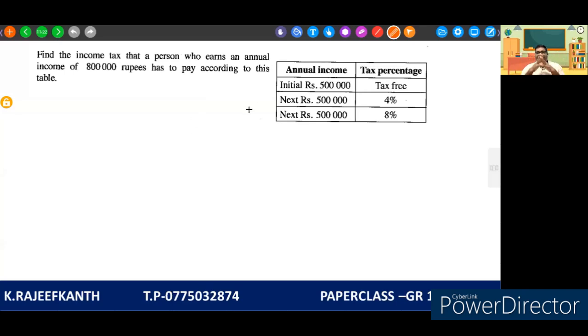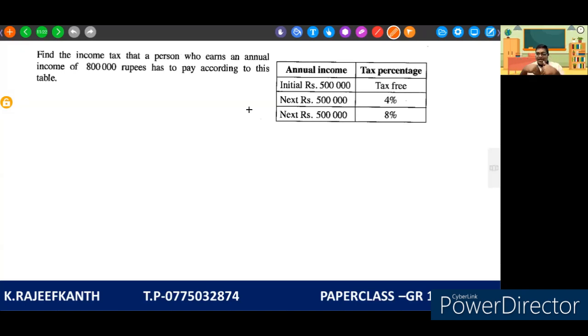Initial 500,000 rupees is tax free. That means we don't need to pay tax on that 500,000. If your annual income is 500,000, no need to pay tax.